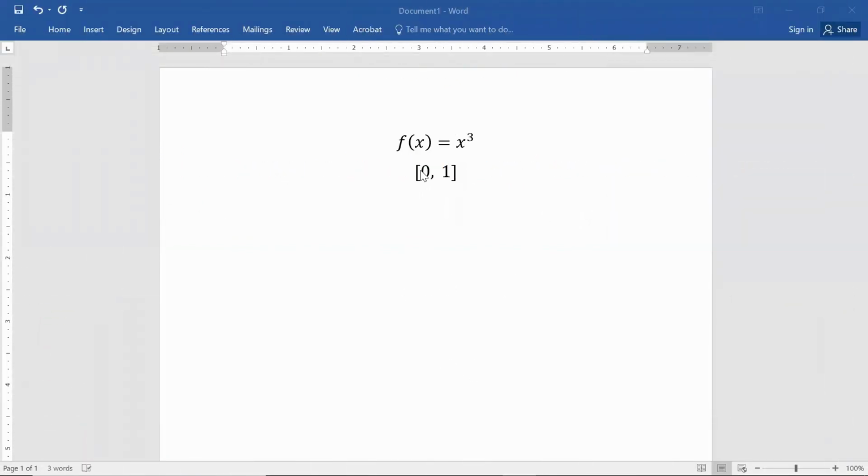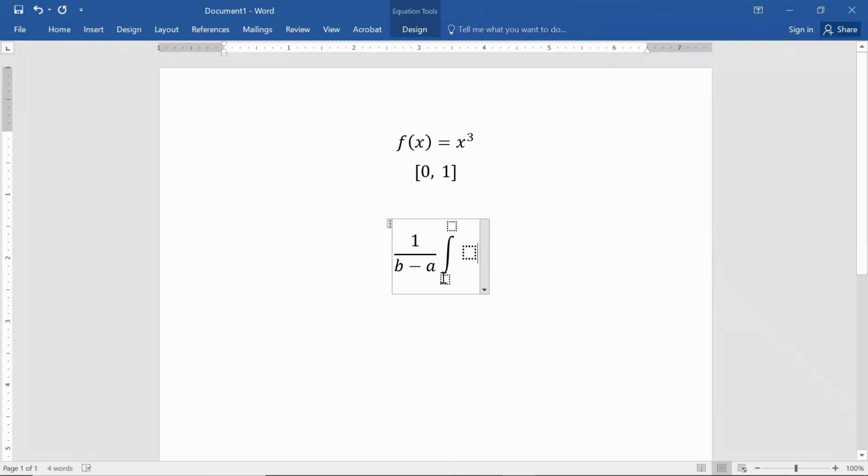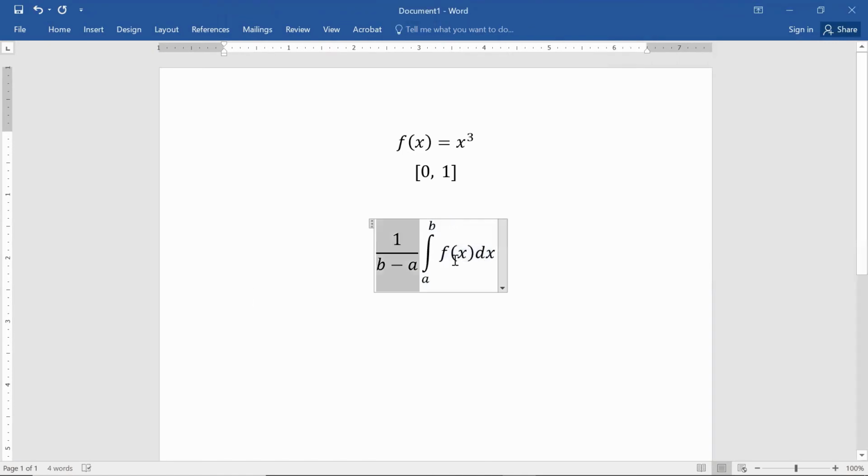The average value function would say take 1 over b minus a, integrate from a to b, my function with respect to x.